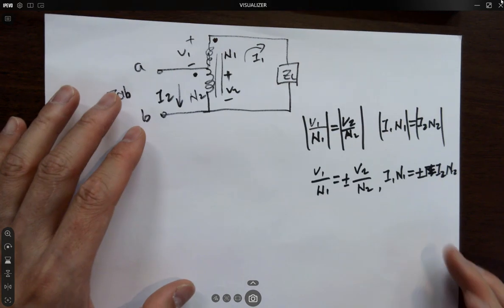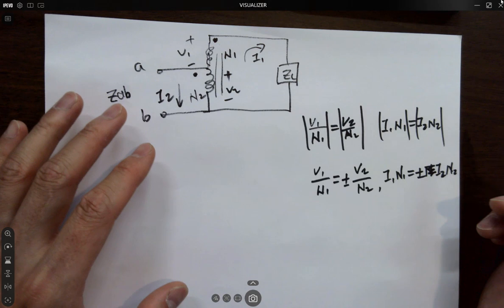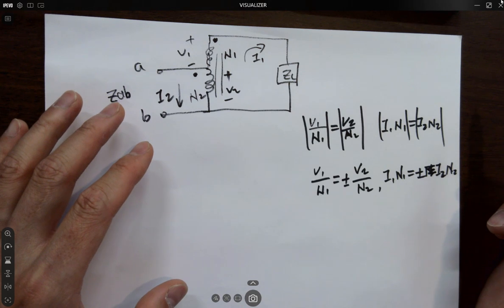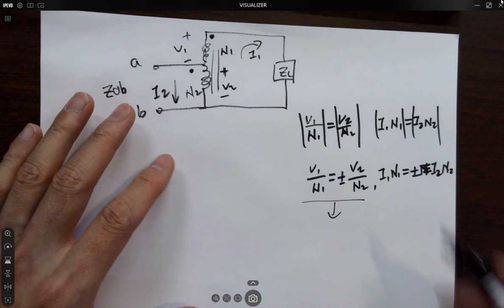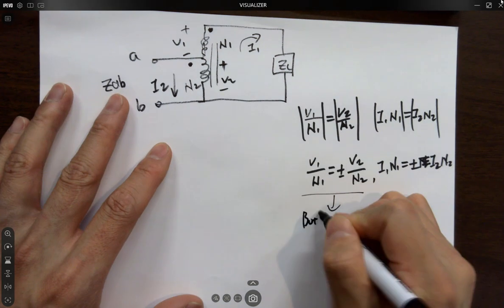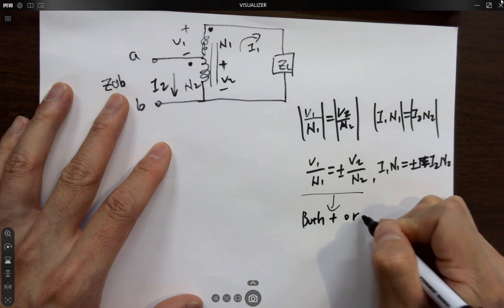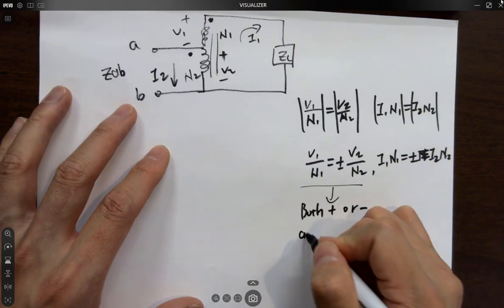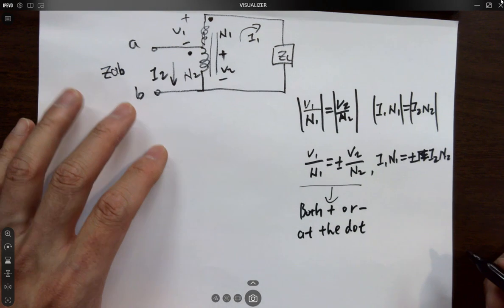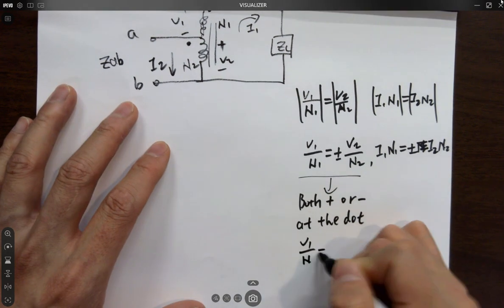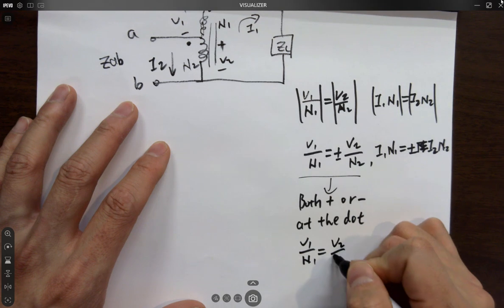I think the description from the tutorial tells you that for the voltages, if they are both positive or both negative at the dot, then V1 over N1 equals V2 over N2.